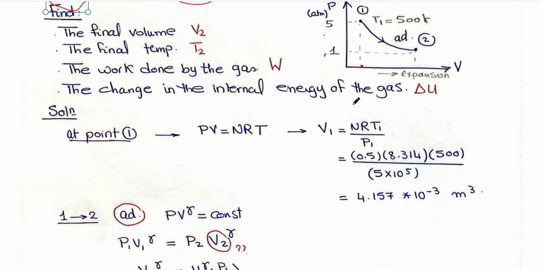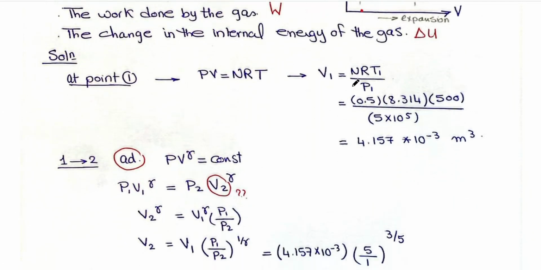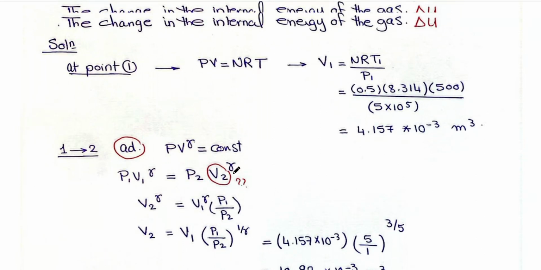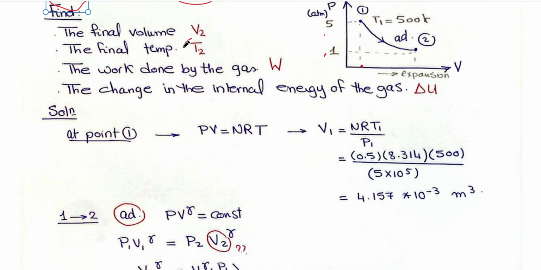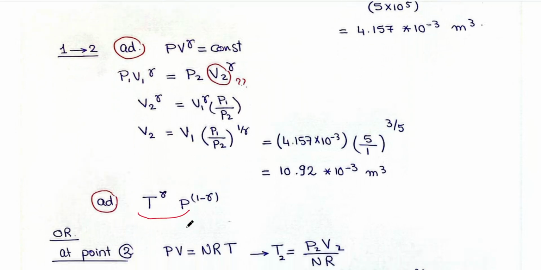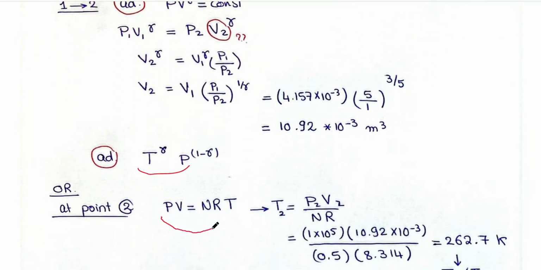To calculate V2, I just substitute in the adiabatic relation. Now I want to find T2. Again, in point 2, after knowing the V, I can relate T and P in the adiabatic relation, or simply I can use the state function PV equals nRT and calculate T.